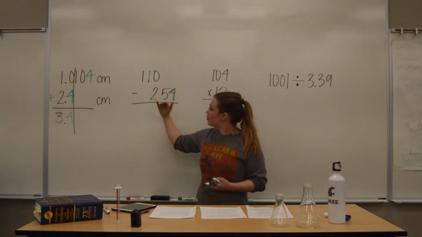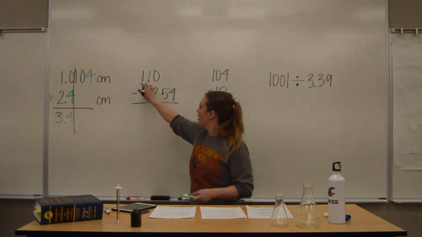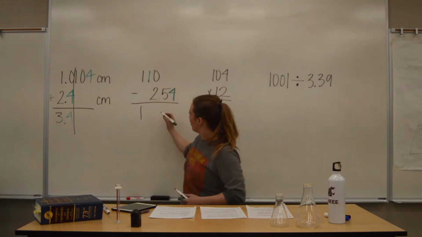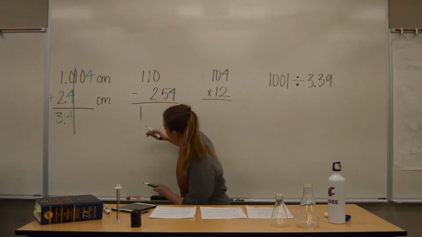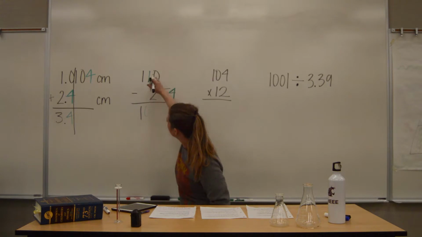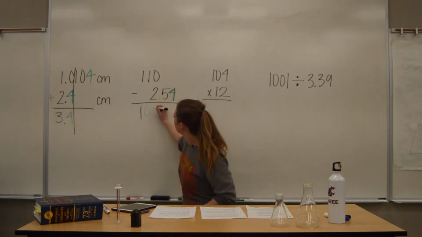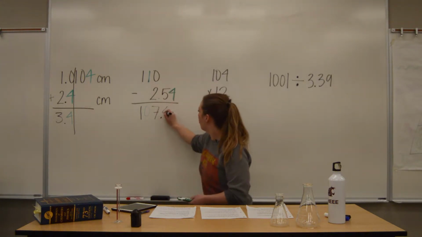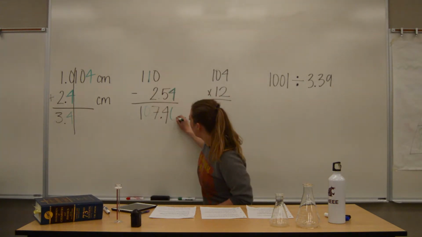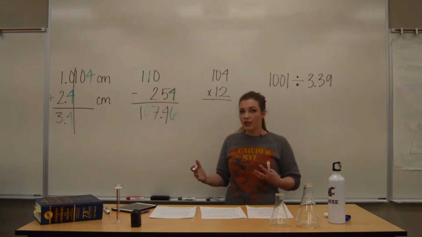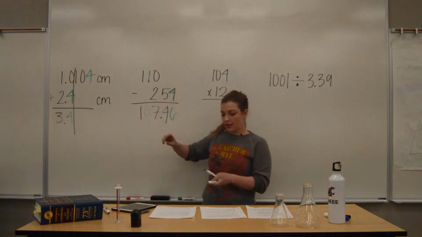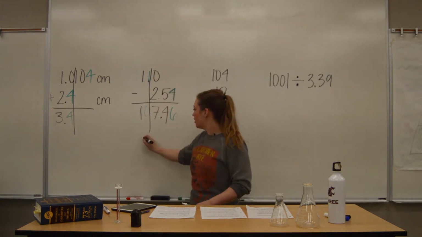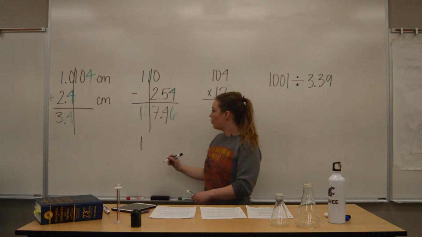Okay, so let's subtract these and see what we get. We're gonna get 100, and then we're going to get 0, and that should be uncertain because that's going to track through. 7.4 and 6. Okay, so where does our uncertainty start? Right here at the 0. I could have just drawn a line to track that. So when you write your answer, it's going to be 1, and then what's our next number?